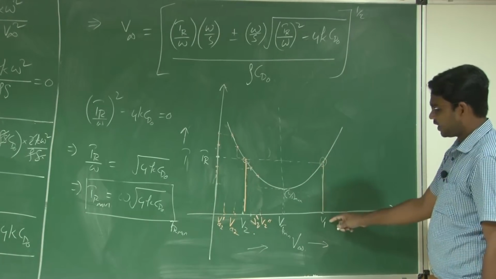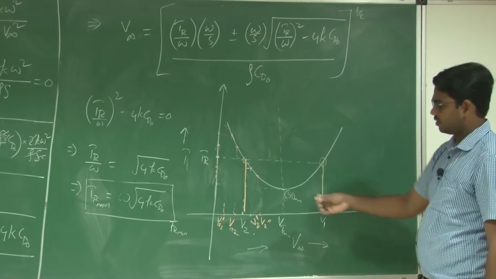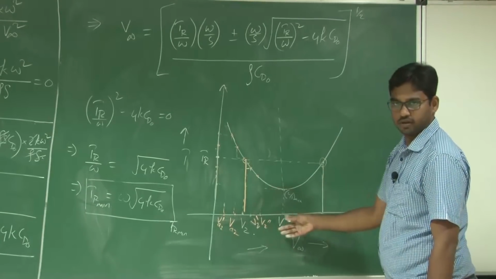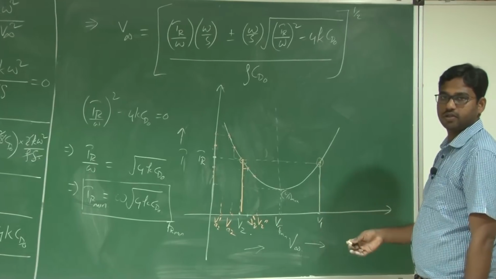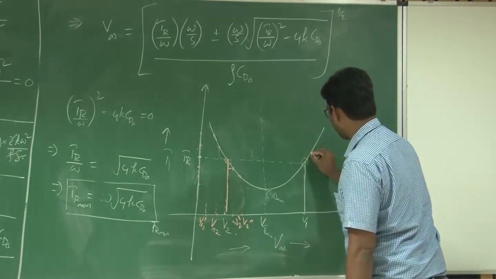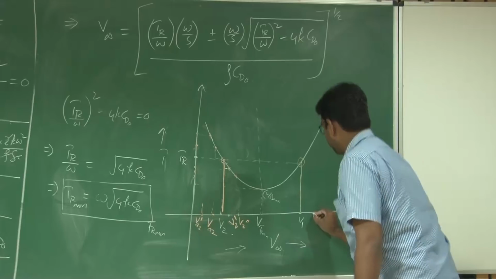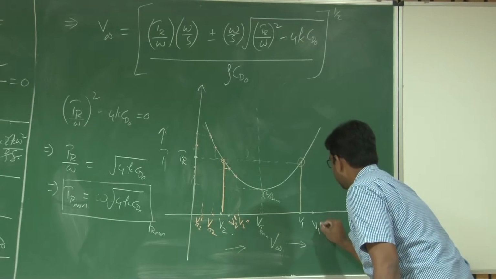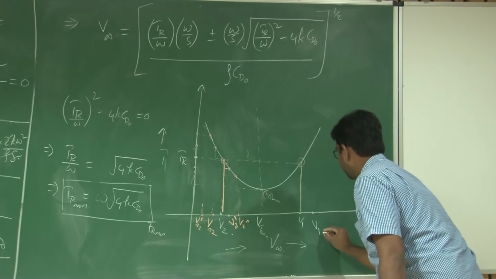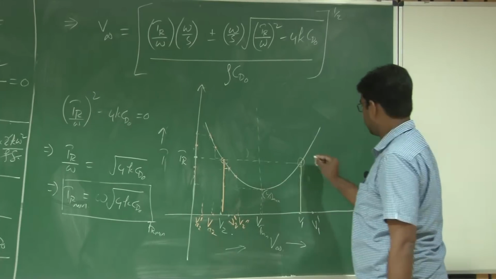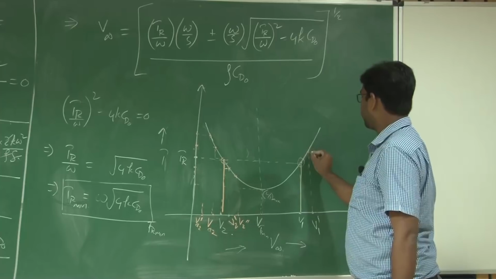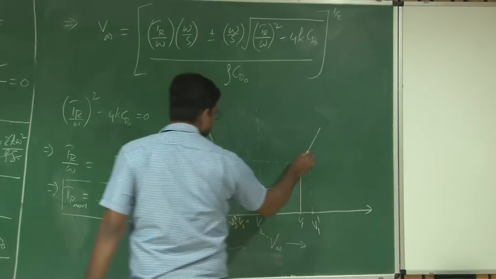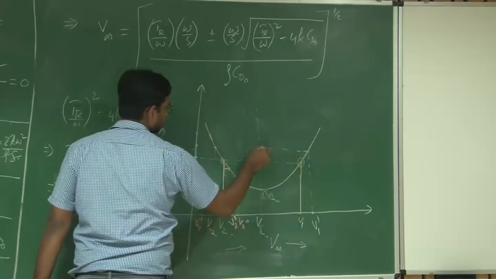Now say if I am flying at V1, again let us repeat the same story, like you have a disturbance that has increased the velocity of the system. That means this is your increased velocity, V1 prime, right? So this V1 prime will also increase the thrust required by the system.